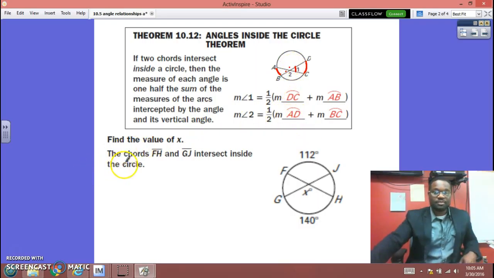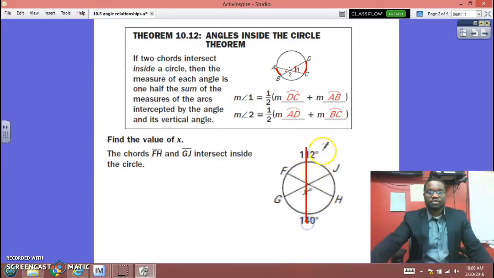Okay, let's look at an example. The chords FH and GJ intersect inside the circle, and they want us to find the value of x. So they want to know this angle right here. The rule says if you know the intercepted arcs, you want to go straight through, like a straight line this way or a straight line this way.